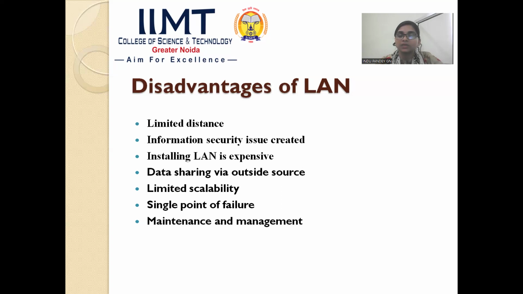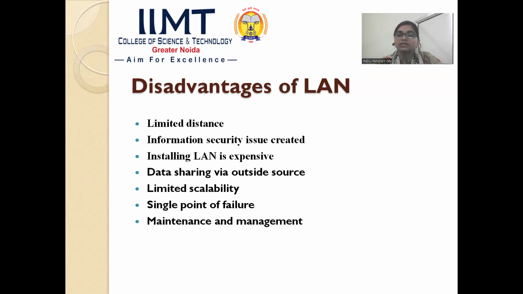Installing a LAN is expensive because a LAN is connected in our organization through various medium channels. So it becomes quite a tedious and expensive task to establish a LAN connection in an organization. Data sharing via outside source: it becomes very easy to share data to an outside source without maintaining any privacy of information.